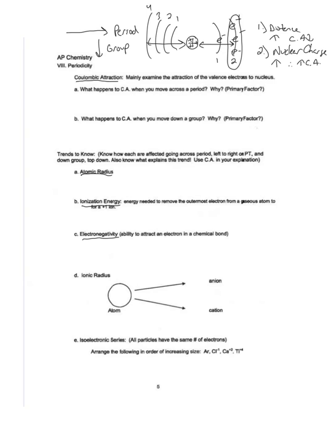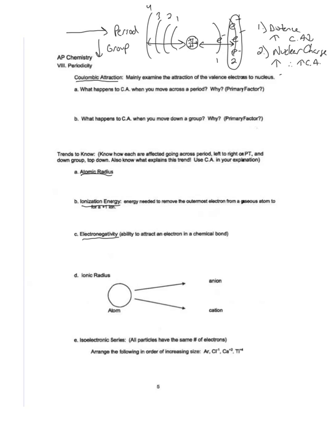So when you go across the period, that's what you want to talk about. The nucleus has more protons in it. It has a greater charge on the nucleus, and that causes a greater Coulombic attraction to the valence electrons. The distance variable really is not changing much, and therefore it's the nuclear charge that explains the period trends. So you go across, talk about nuclear charge. When you go down, talk about group.